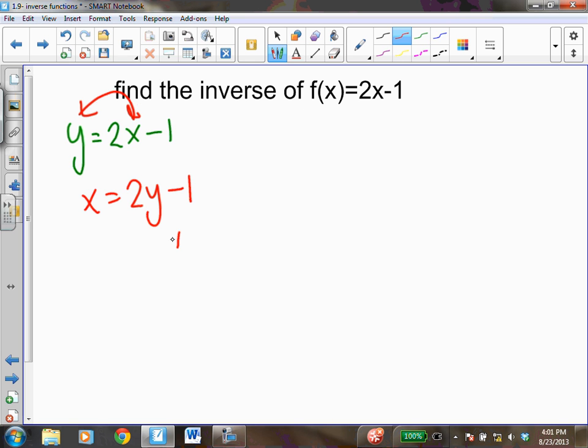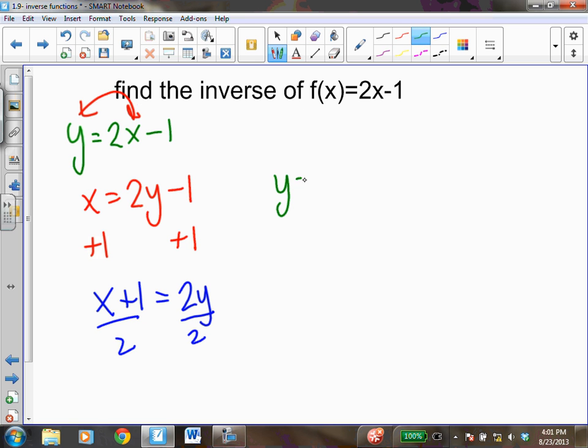And then I want to isolate the y. So I'll add 1 to each side. And then I'll divide by 2. So my inverse is going to end up being y equals (x plus 1) over 2.